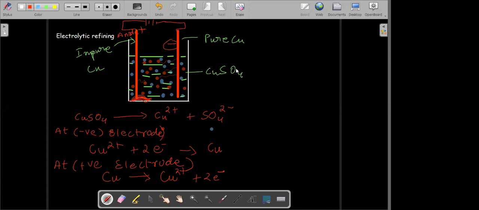The copper anode becomes thinner. Slowly and slowly it vanishes, as all the copper atoms get into the solution and the impurities get deposited below.